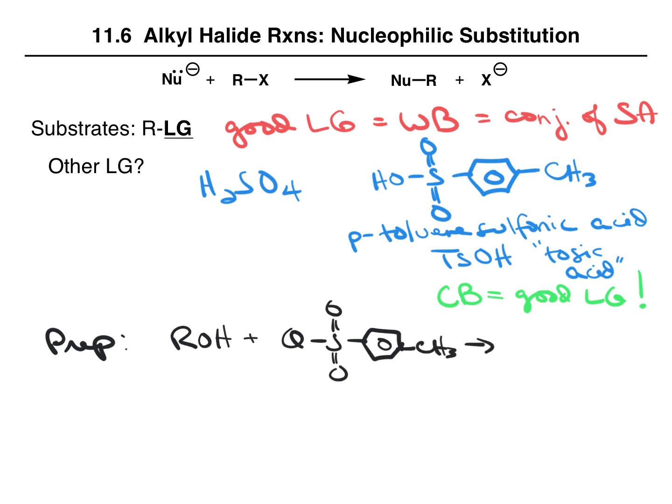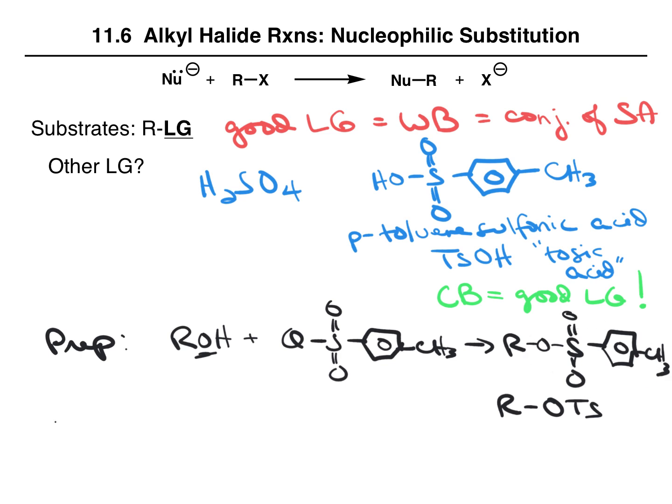And then this oxygen will be connected to the sulfur, which is connected to the benzene, connected to the methyl. So this is abbreviated OTs. So this whole group is the OTs group, the tosylate group.